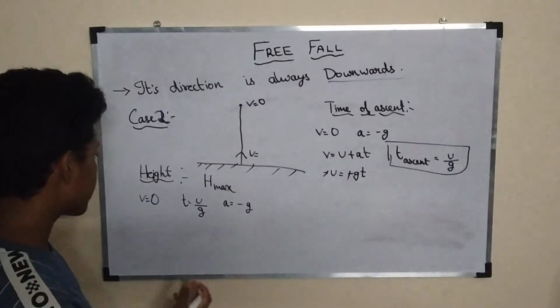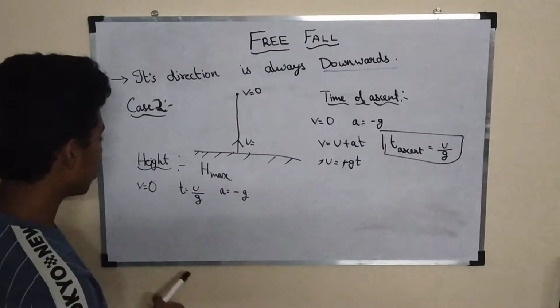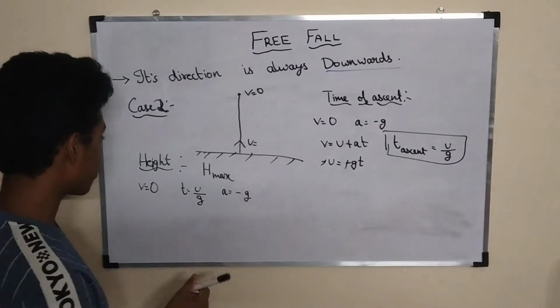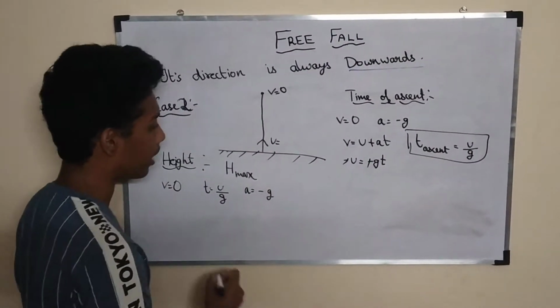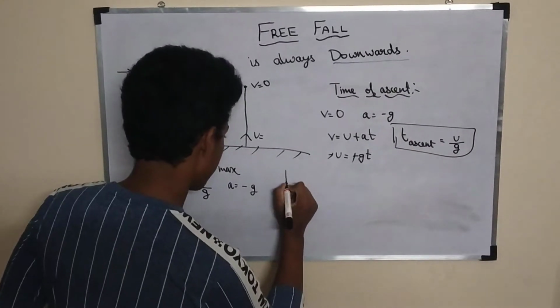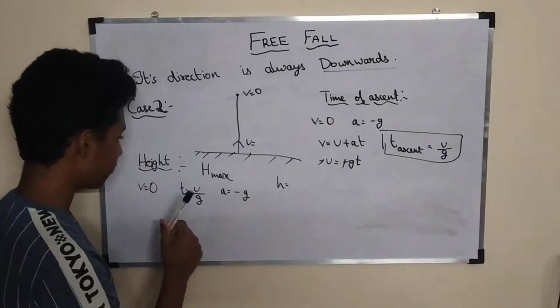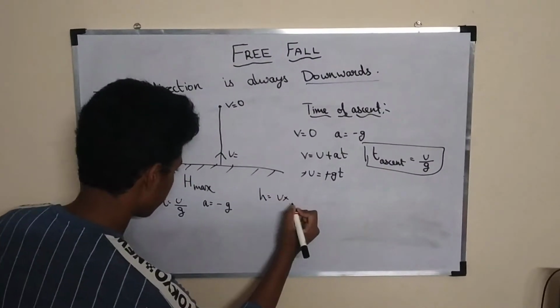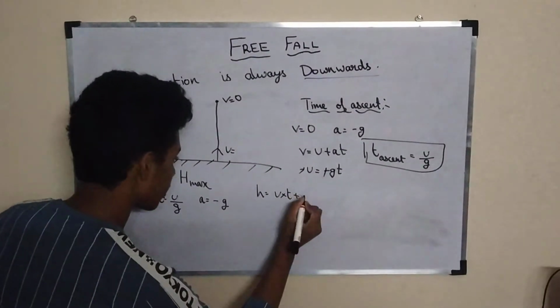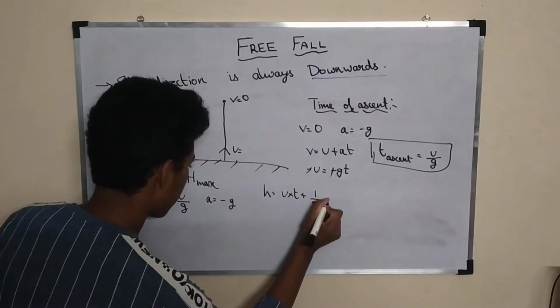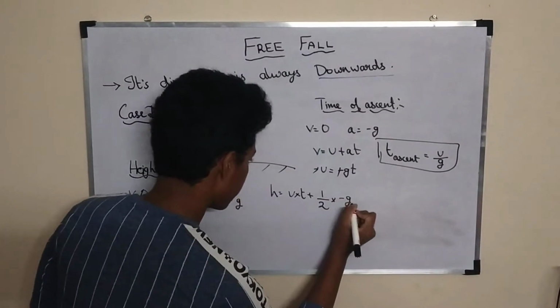And if you see the second equation of motion, s equal to ut plus half at square. Yes, let us try using the second equation of motion. So h here would give you ut plus half at square, where ut we are yet to find, u into t plus half at square of minus g.